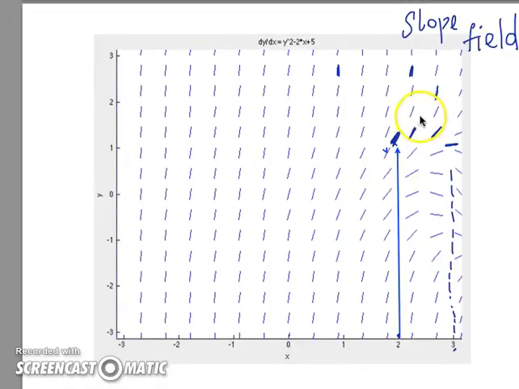And more importantly, we could sketch the slopes relative to the right-hand side of the differential equation, and then we can do even more. We could decide, you know what, I'm going to choose a point on this plane. For example, this point here would be approximately 0, 1.